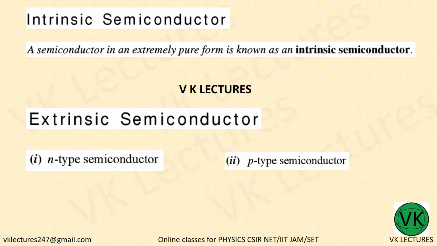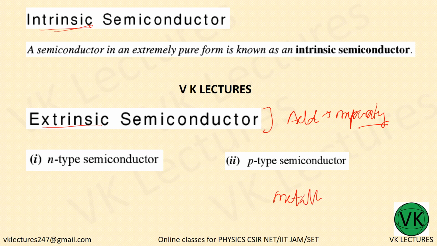Now, that is about intrinsic semiconductor. Coming to extrinsic semiconductor. Extrinsic means whenever we add some impurity, it becomes an extrinsic semiconductor. As said earlier, we can add metallic impurity as well as non-metallic.